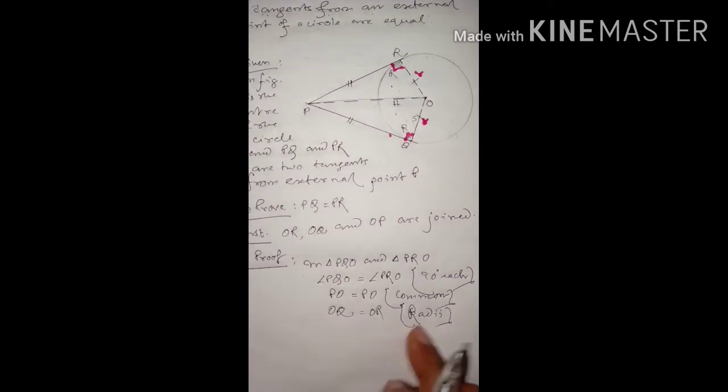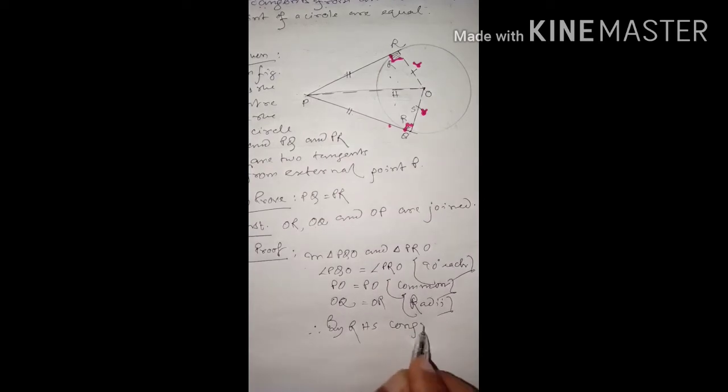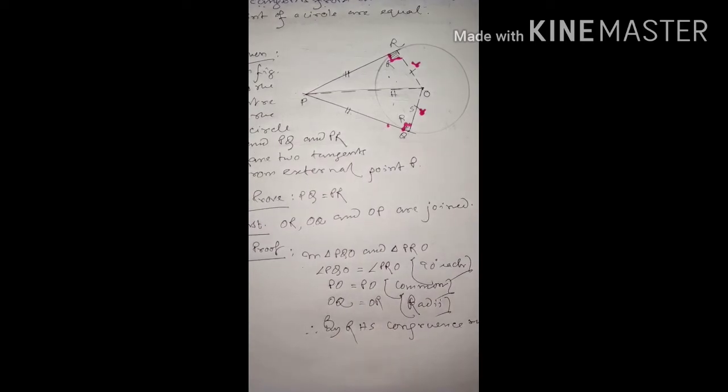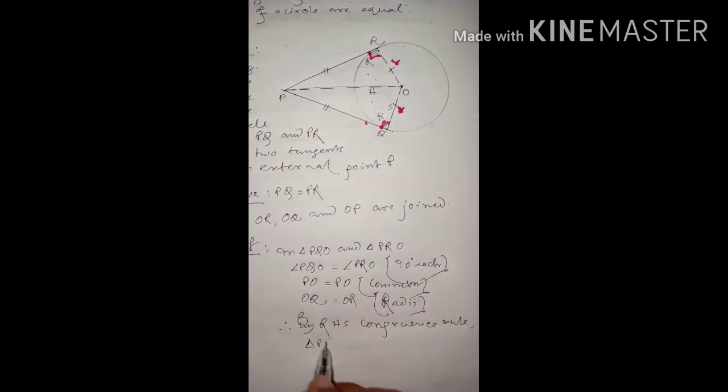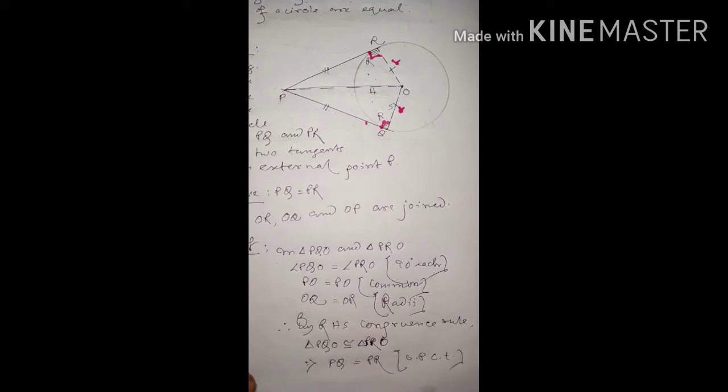Radii is the plural form of radius. Therefore, by the right angle, hypotenuse, side congruence rule, triangle PQO is congruent to triangle PRO. Therefore PQ is equal to PR, by CPCT. Hence proved.